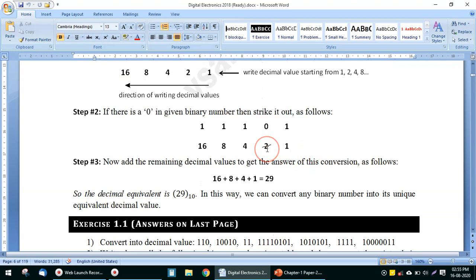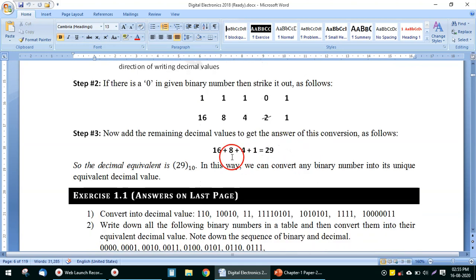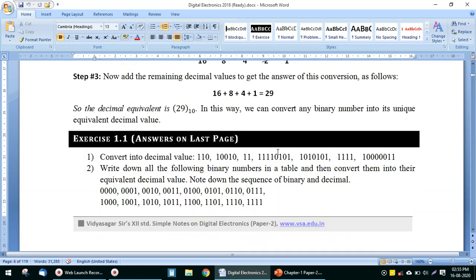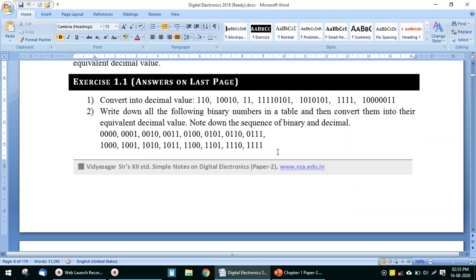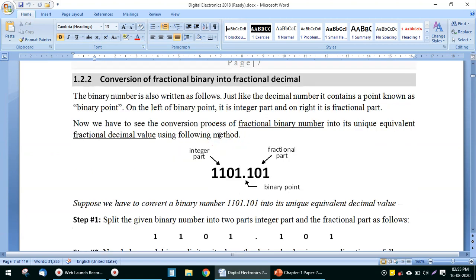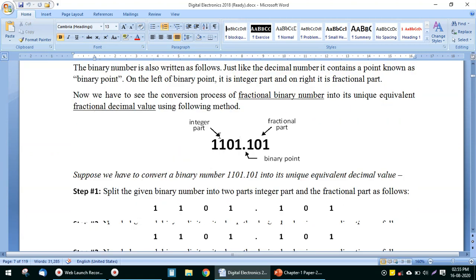Then we scratched the 2 over here and we then added the remaining values, 16 plus 8 plus 4 plus 1, that gives you 29. So you have to solve this exercise given over here, and then we come to fractional binary into fractional decimal.